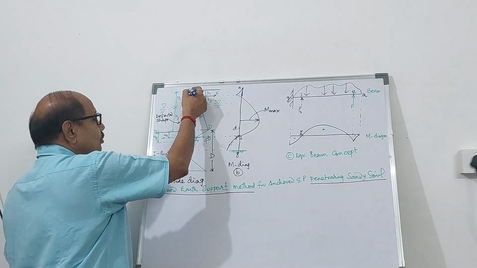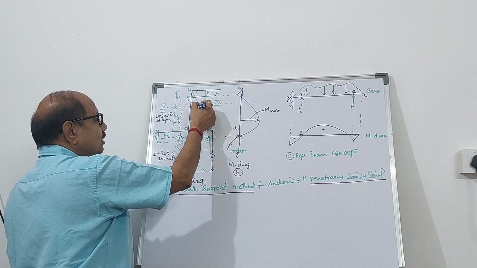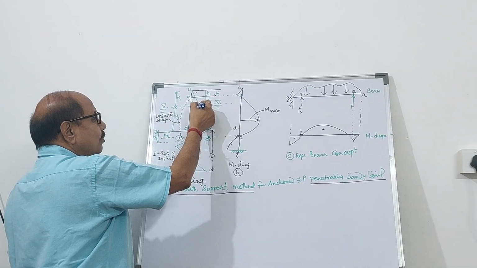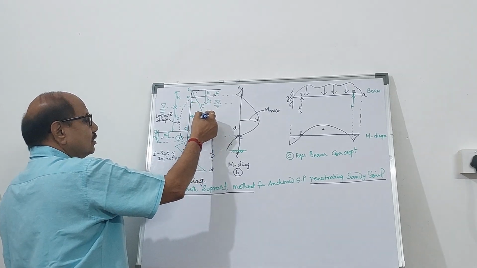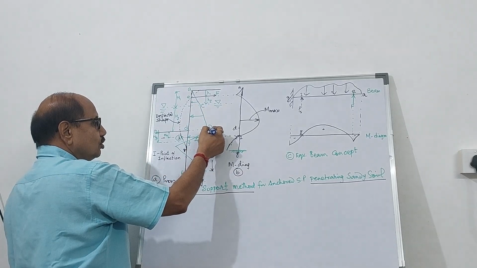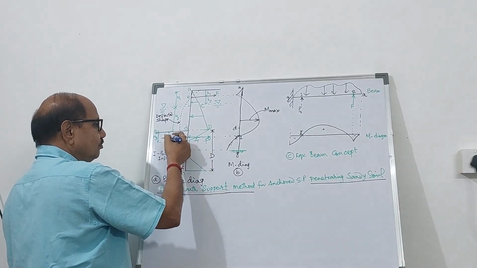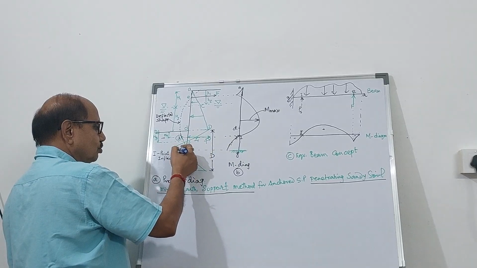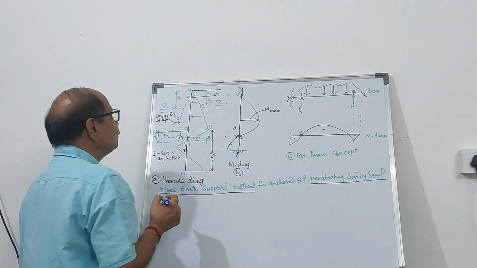It is going to be active earth pressure, that is K into gamma into Z up to the water table, and below the water table it is going to be K gamma prime into Z. So the pressure distribution is active, and then it is going to be active and passive in this zone. So it is going to turn like this, and finally this is the pressure distribution diagram.